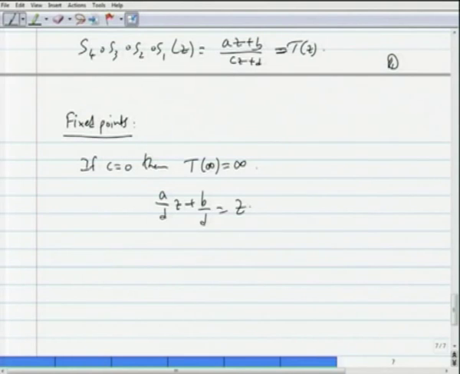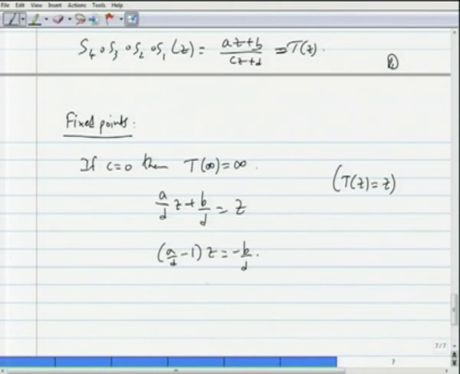Let us equate the Mobius transformation T of z equal to z. Since c is equal to 0, T of z looks like (az plus b) by d, and if that is equal to z, we have this equation which upon solving gives us (a by d minus 1) times z is minus b by d.